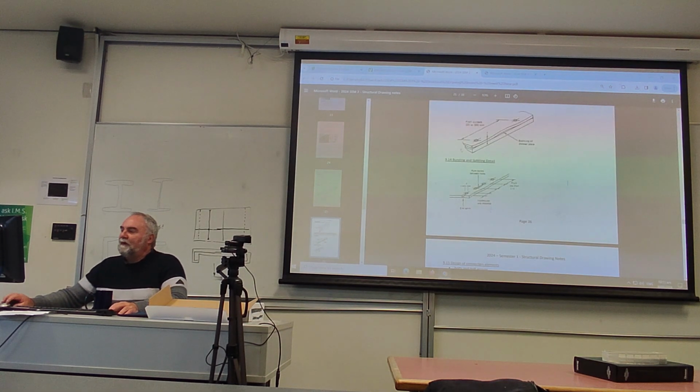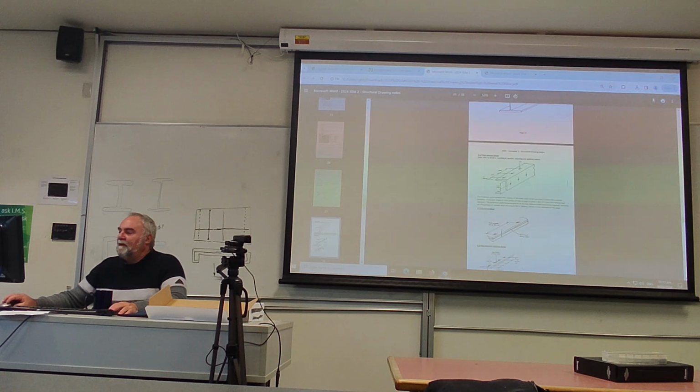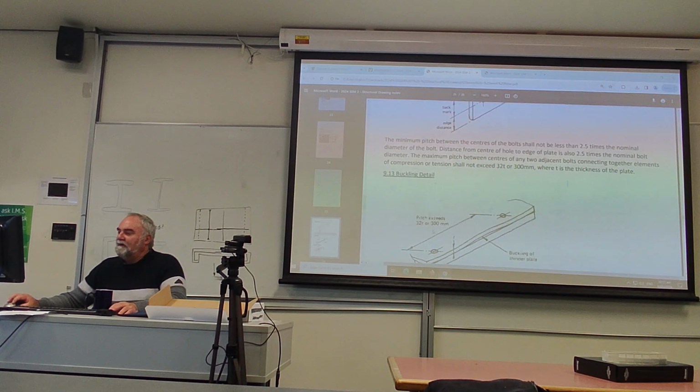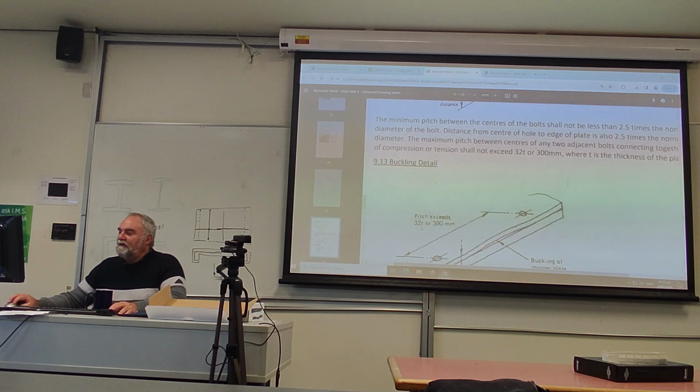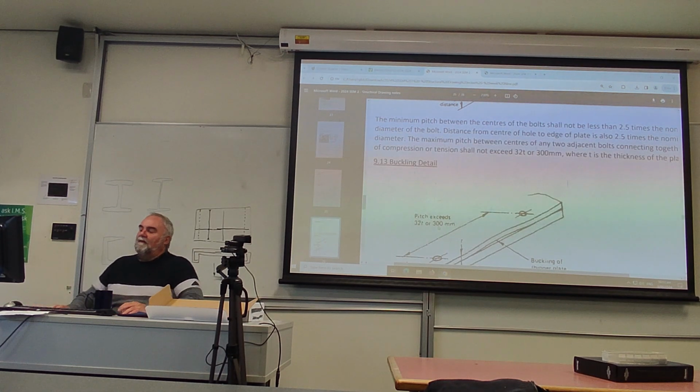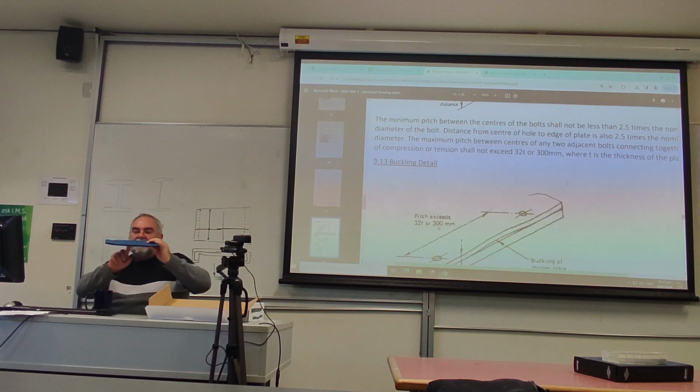And what's the maths behind it all? The maximum is 32 T, or a maximum of 300. T is the thickness of the steel. So if that's a plate, and that's 10 millimetres thick, 32 times T is 320.